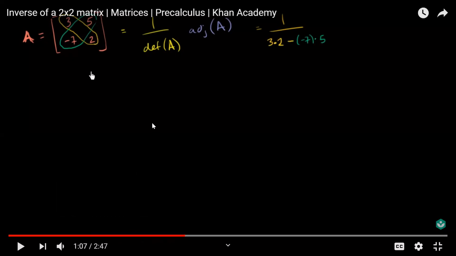determinant. So in order to find the determinant, we have to take the product of the diagonal elements 3 into 2 and subtract from it what we call the right diagonal and the left diagonal. So there is another diagonal that we have to go from this end, which is minus 7 times 5.